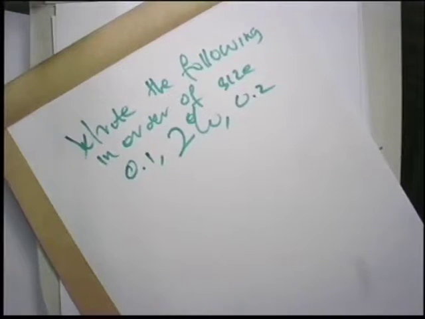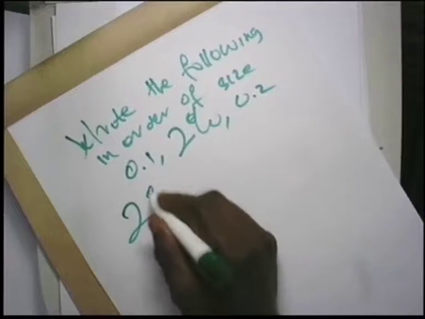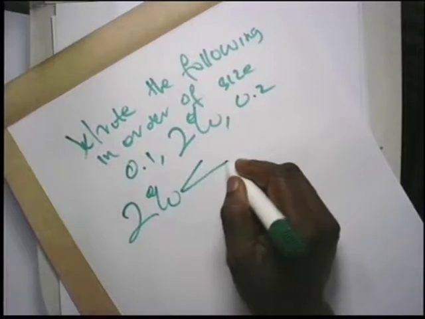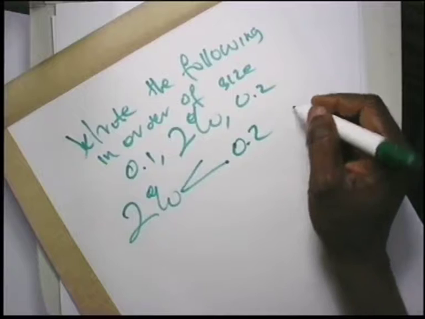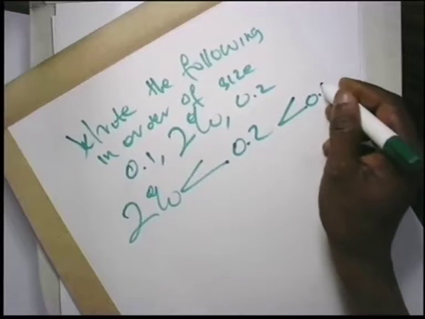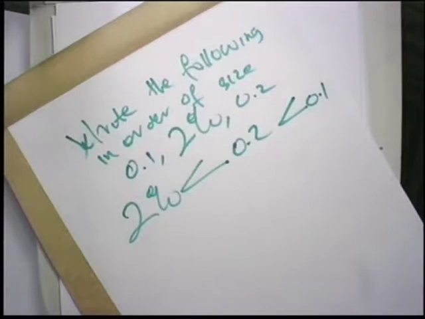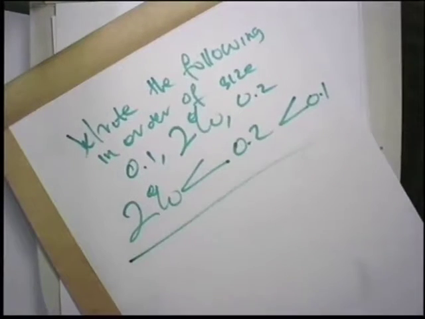The smallest will be 2%, followed by what? 0.2. Followed by what? 0.1, and so on. That is what we mean by this. Write it in the order of the smallest, start from the smallest to the highest. So this is what I expect you to write in case you have something like this for your exam.